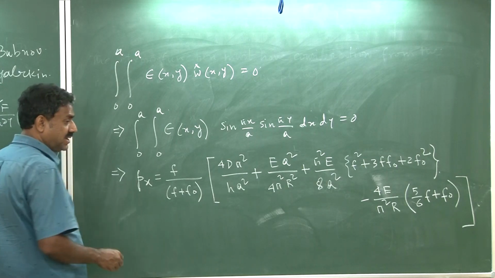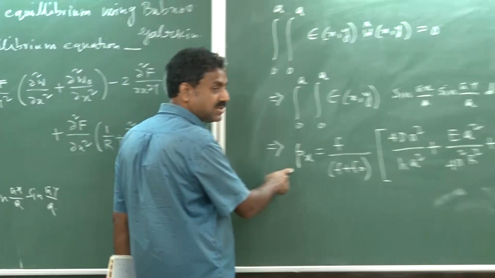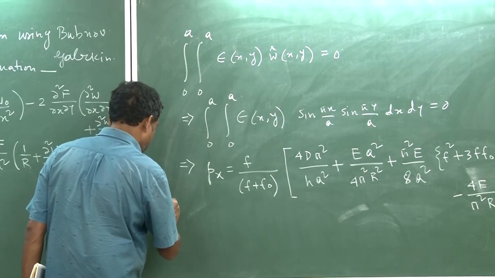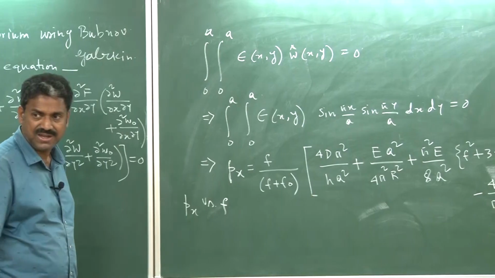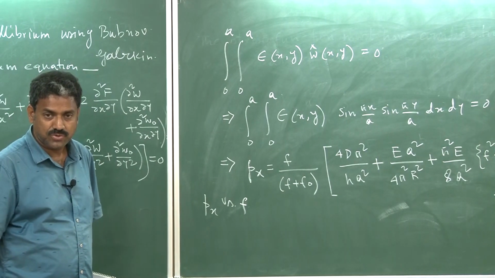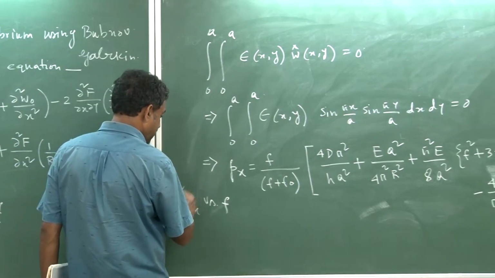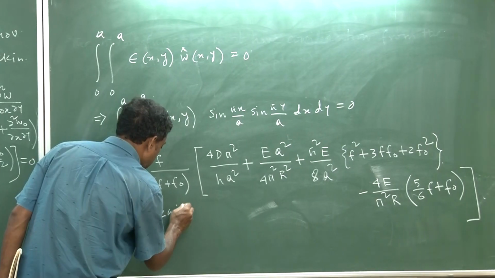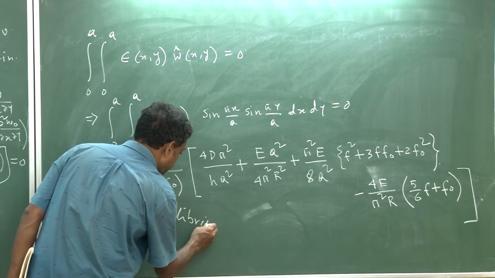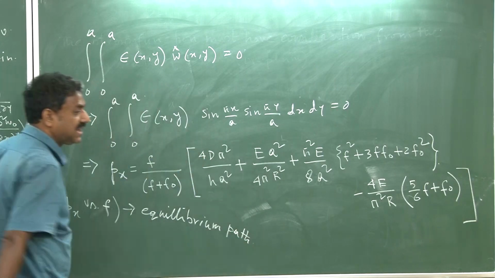So what are we going to plot? Our alternative is to get the equilibrium path here. So we will plot Px versus F, where F is the amplitude of displacement, the amplitude of outward, out-of-plane deflection. This will give you the equilibrium path for the shell, the cylindrical shell panel.